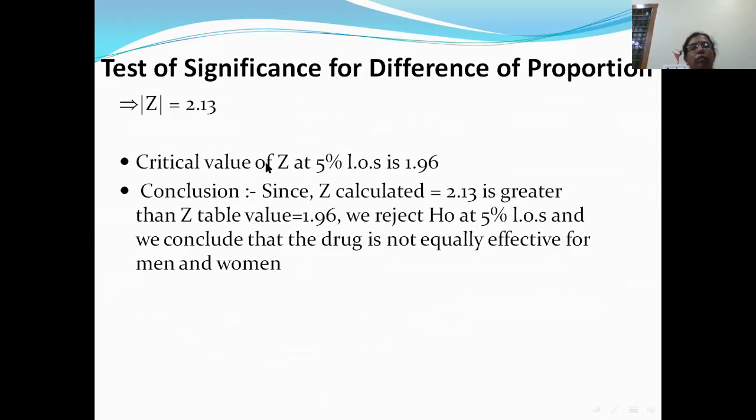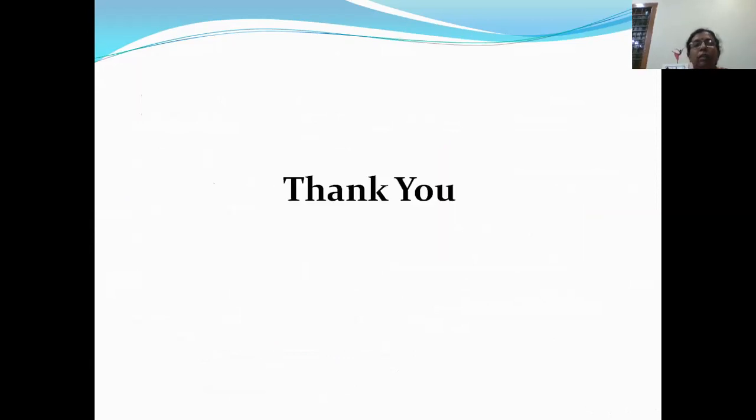Now critical value of Z at 5% level of significance is 1.96. Now conclusion: Z calculated, which is 2.13, is greater than Z table value, which is 1.96. We reject H0 at 5% level of significance, and we conclude that the drug is not equally effective for men and women. Thank you.